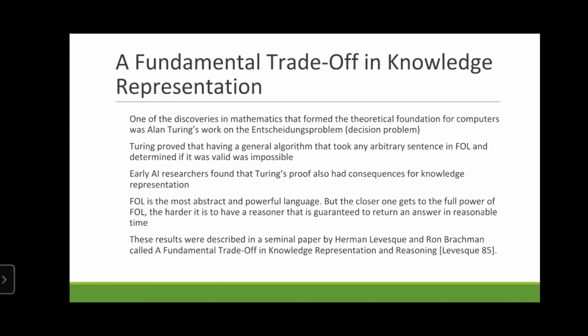These results were summarized in an old but really important paper, at least in my opinion, by Hector Levesque and Ron Brachman, called A Fundamental Trade-Off in Knowledge Representation and Reasoning. Anything that I have a reference for is in my bibliography, and I have not just the name of the paper, but a URL.